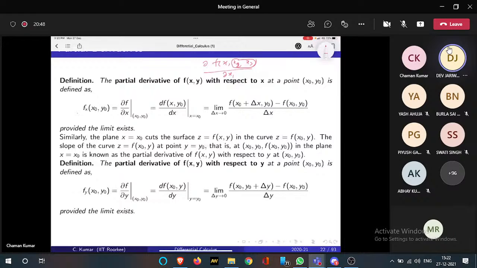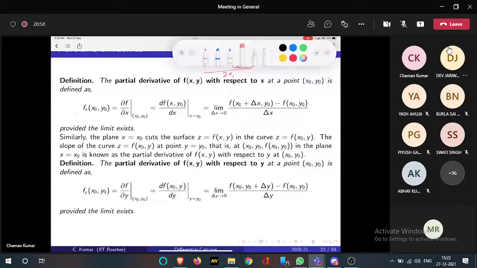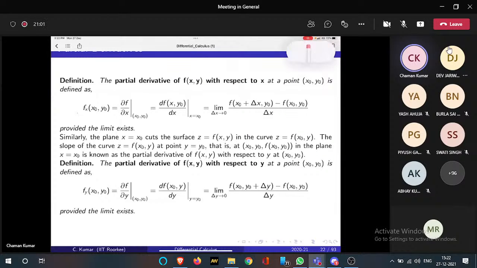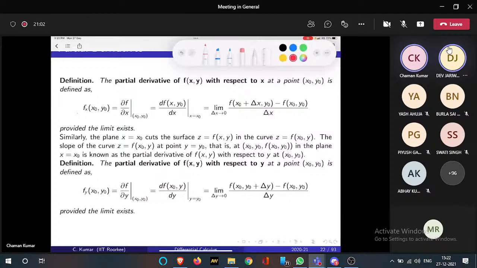Sir, if I need to take a partial derivative with both x1 and x2 at once, then? No. Then you have to go to the definition of derivative.